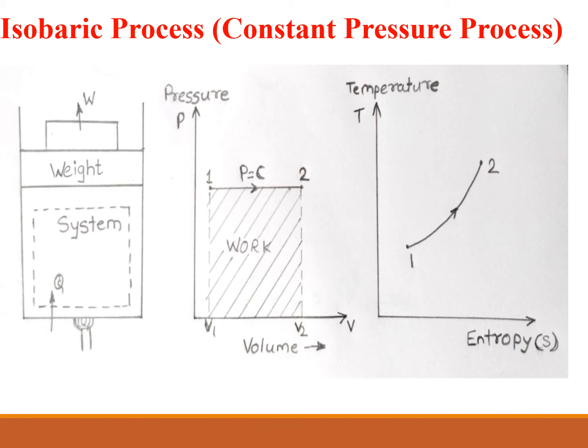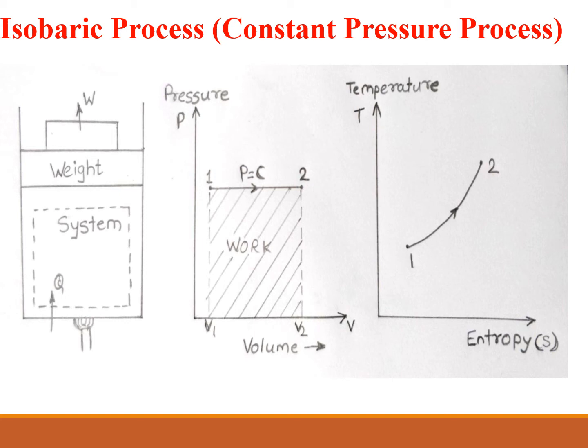Isobaric process or constant pressure process. If you have a cylinder with a weighted piston and you heat the gas in it, the gas expands due to the increase in energy. This is in accordance with Charles' law: the volume of a gas is proportional to its temperature.